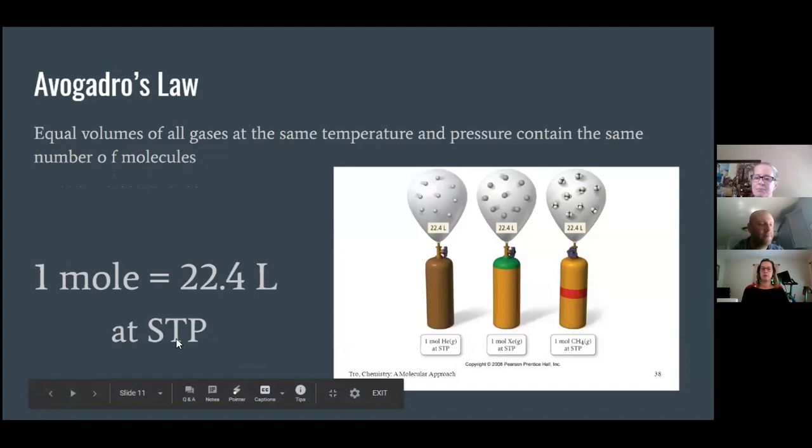STP stands for standard temperature and pressure, meaning the temperature and pressure are the two variables that don't change. So we're looking at the relationship between the number of particles and the volume. It says equal volumes of all gases at the same temperature and pressure contain the same number of molecules. So 1 mole of a gas at STP will always be equal to 22.4 liters.